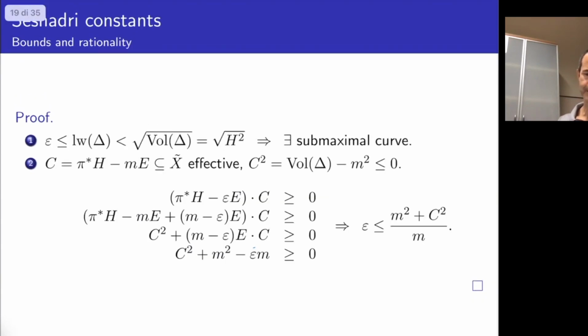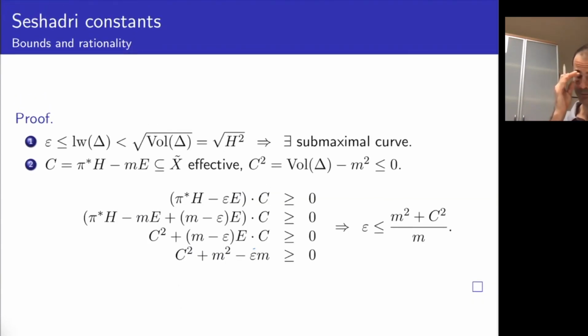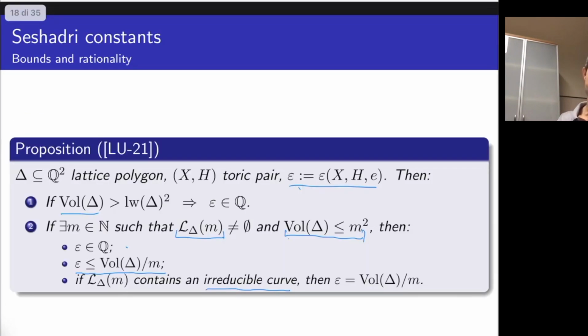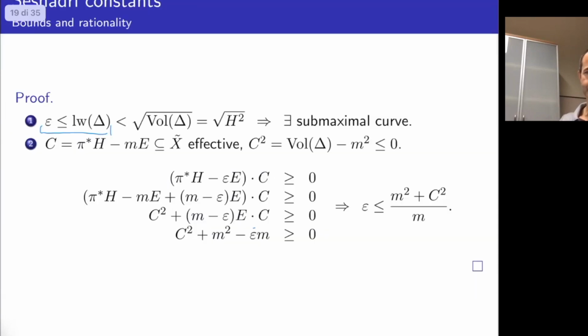So just a few words, not about all the proof, but just a pair of points. The first one is just an observation, because we know that the Seshadri constant is always smaller than or equal to the width of delta. Under our hypothesis, the width of delta is smaller than the square root of the volume.